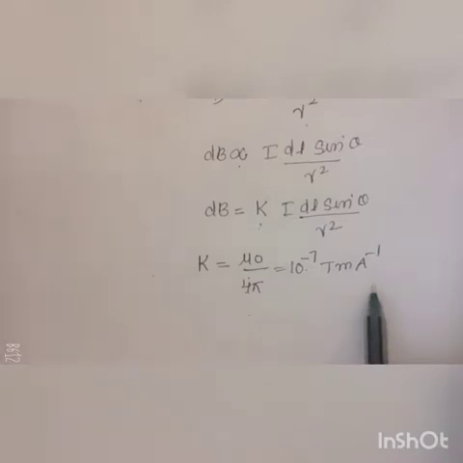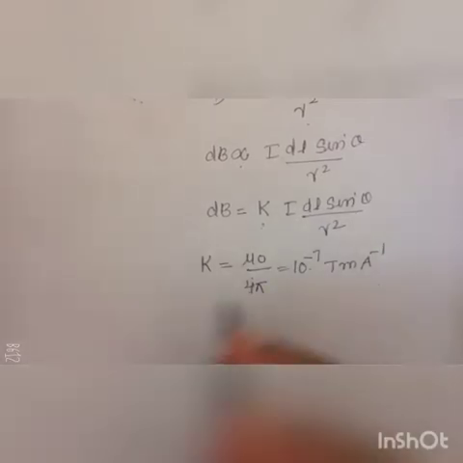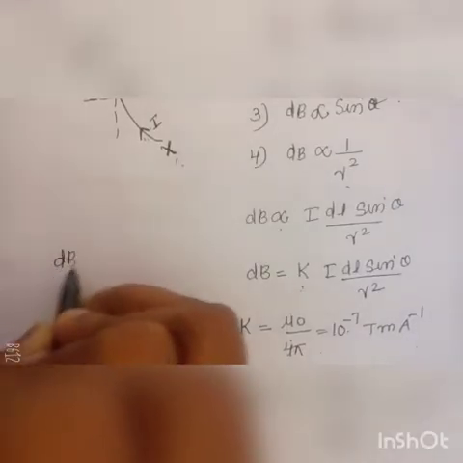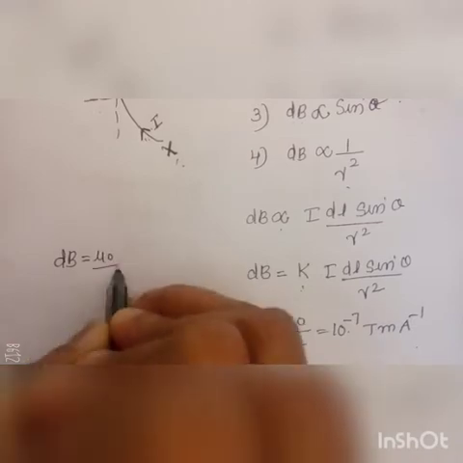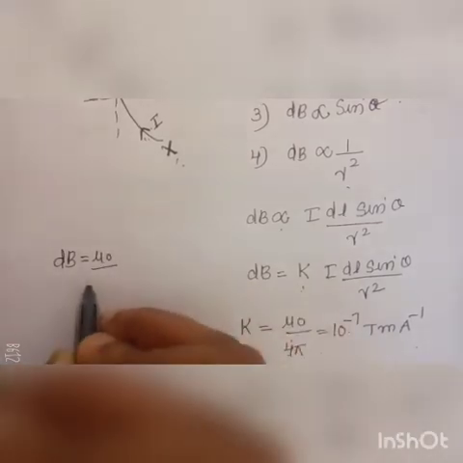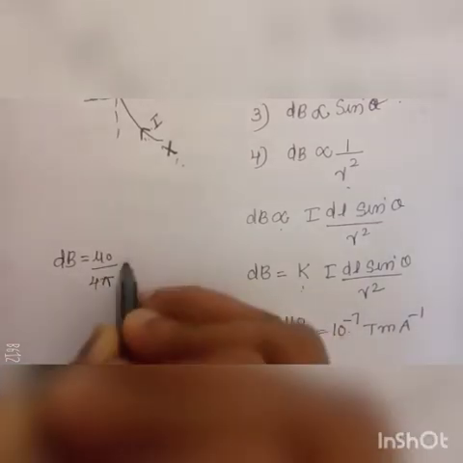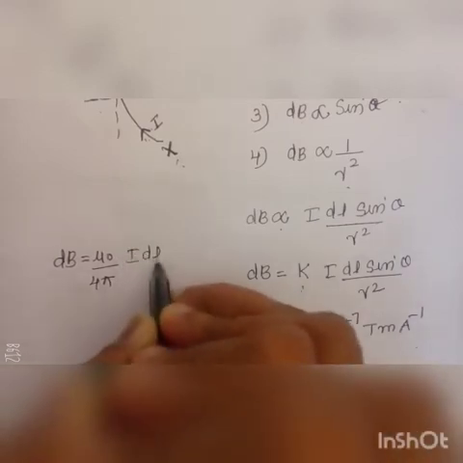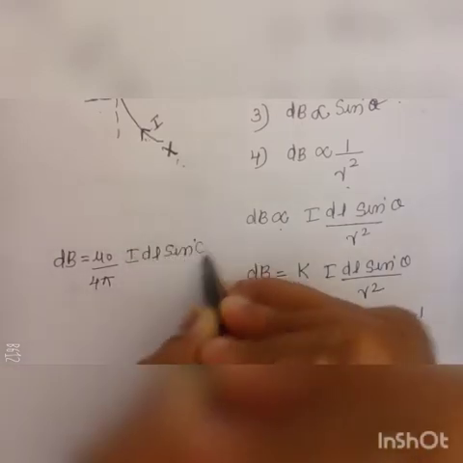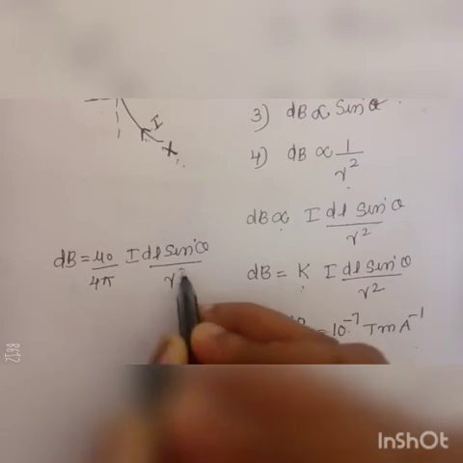So we can write the above equation as dB is equal to mu 0 by 4 pi I dl sine theta divided by r square.